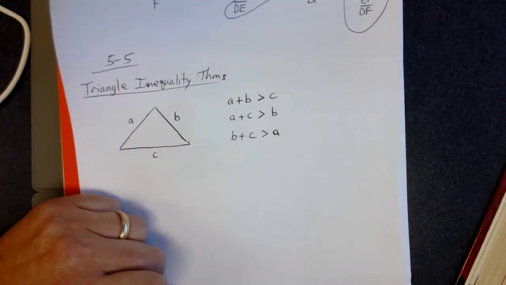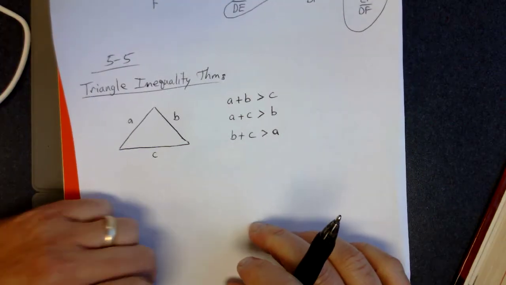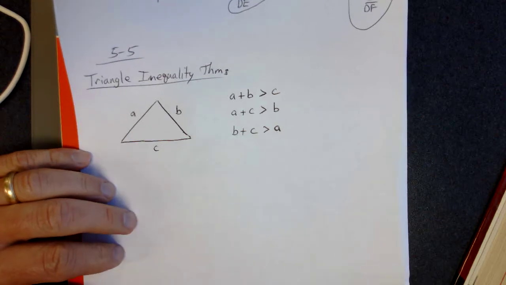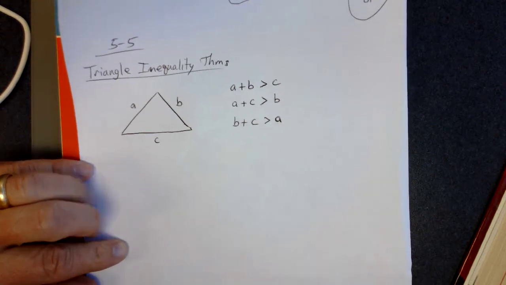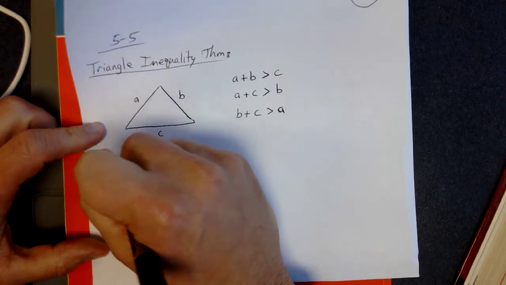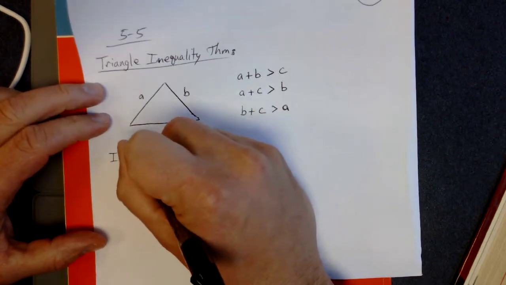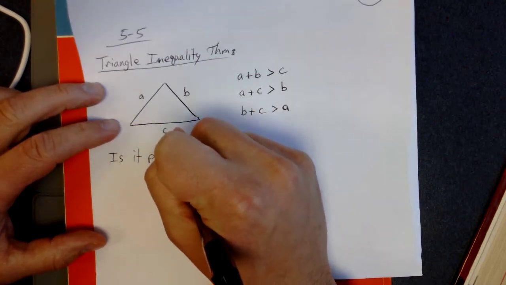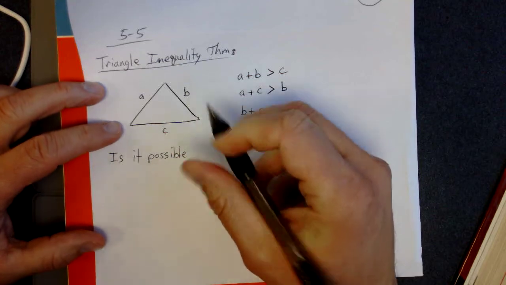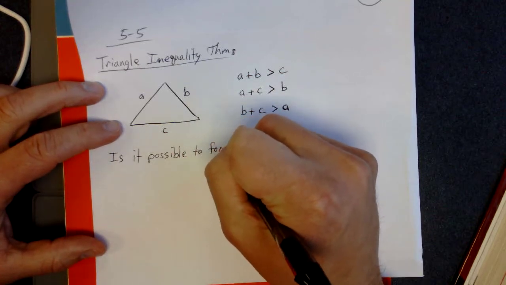Now what we're going to do with that is use it in an example where they're not going to give us a picture. They're just going to give us the lengths of the sides of a triangle. So it's going to look something like, the directions are going to say, is it possible to form a triangle with the given lengths?